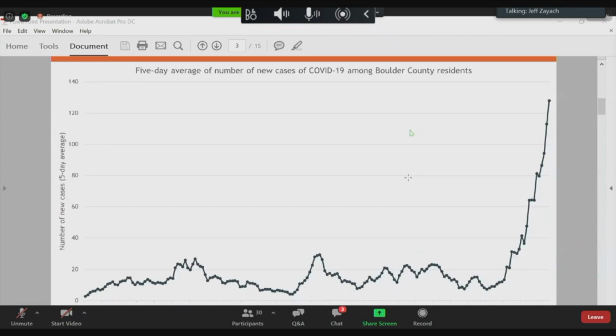So this is our 5-day average of new cases, clearly demonstrating that we have a significant outbreak that's associated with CU that started here when school went back into place.